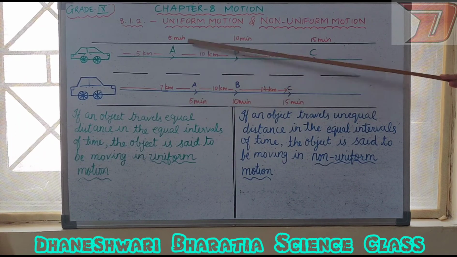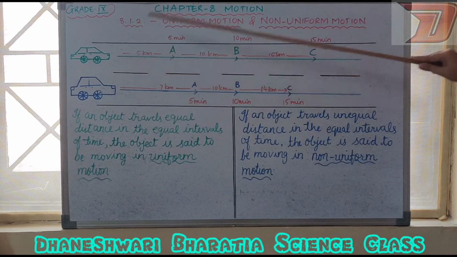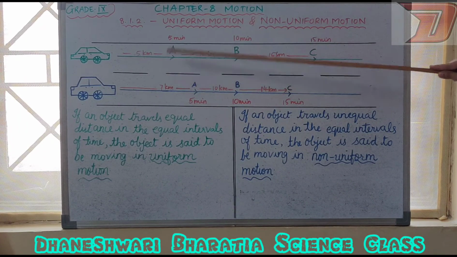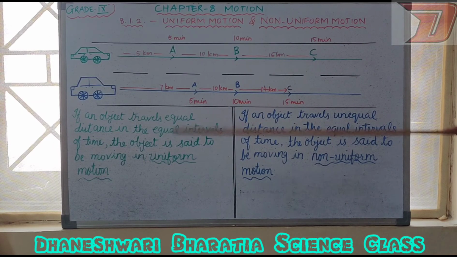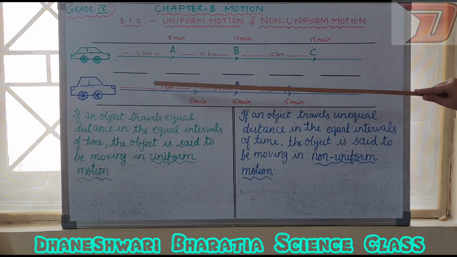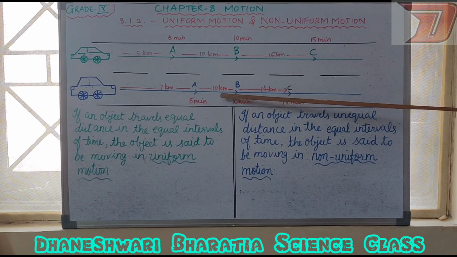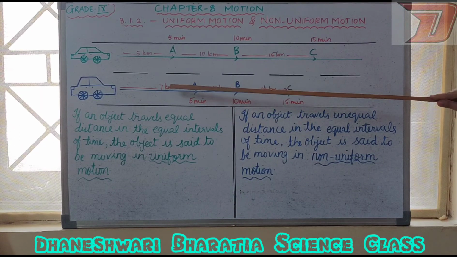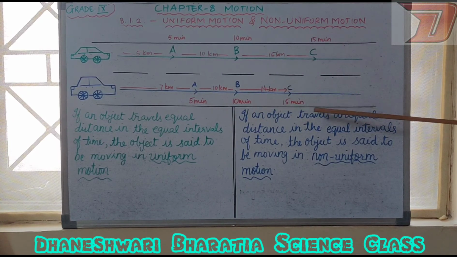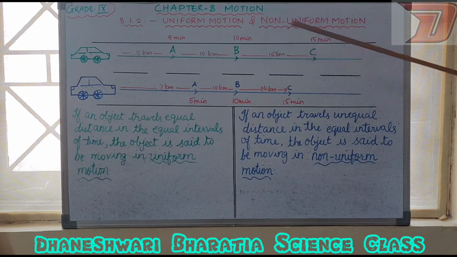Now if you will do the comparison of both these cars, every 5 minutes the green car is completing 5 kilometers, whereas this car in the first 5 minutes covered 7 kilometers, then in the next 5 minutes it covered only 3 kilometers. If you will subtract 7 from 10, it will be 3 kilometers. Now after completing the next 5 minutes, this car is completing only 4 kilometers.